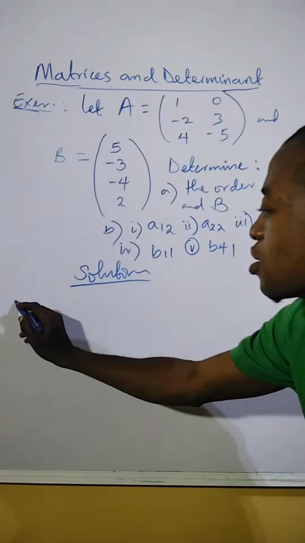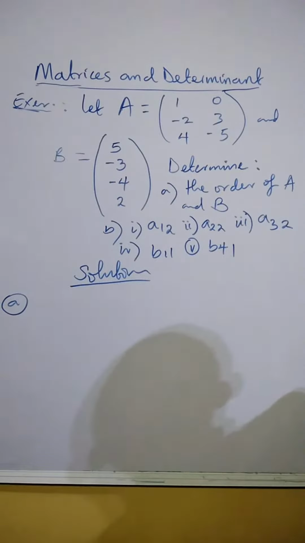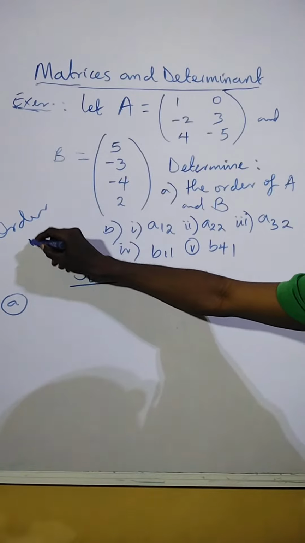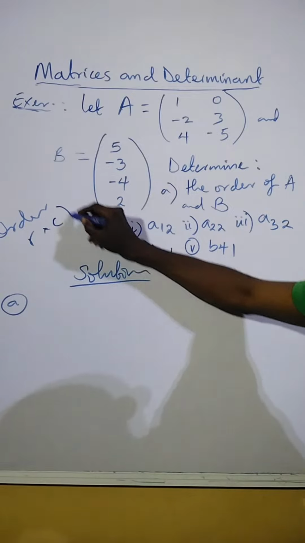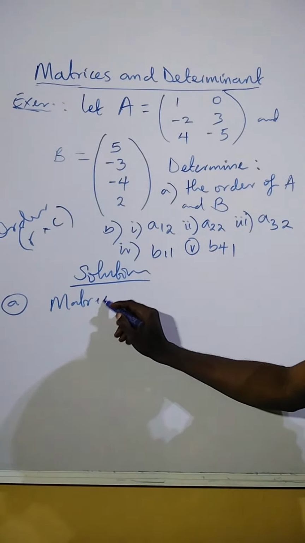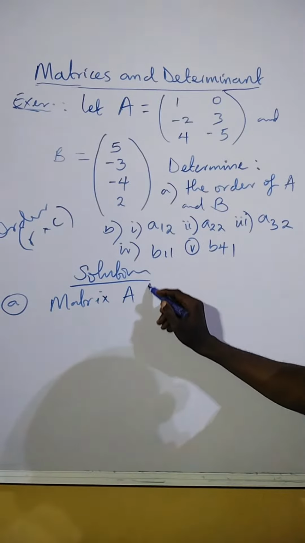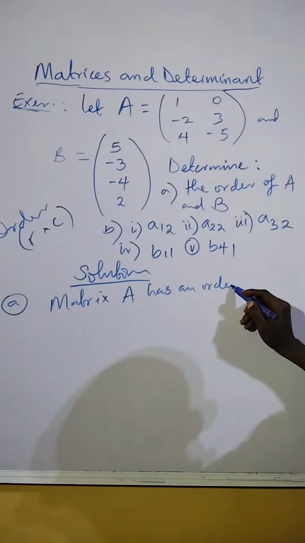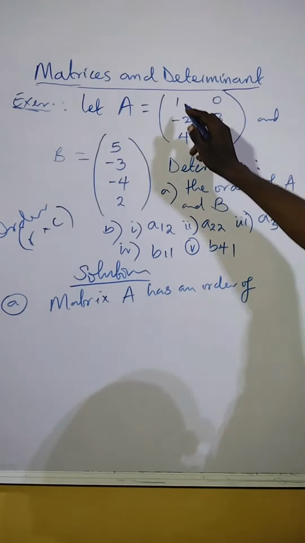For the first question here, you will say determine the order of A. What's the order of matrix A? When you talk about order, we know that we are writing the row by column of that matrix. So matrix A has an order of how many rows?